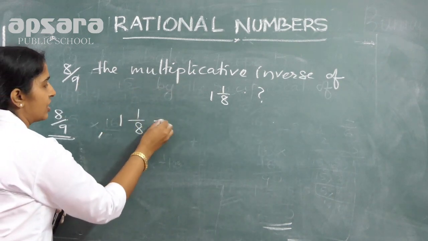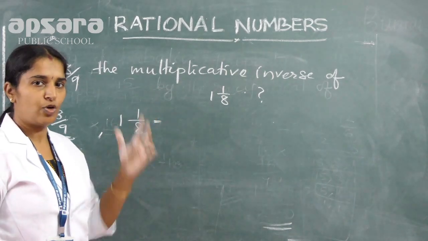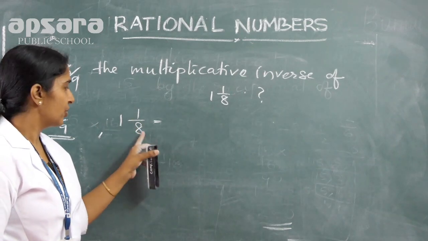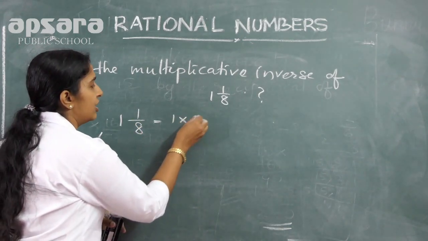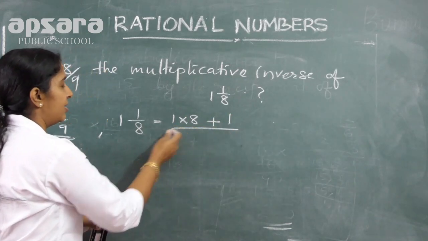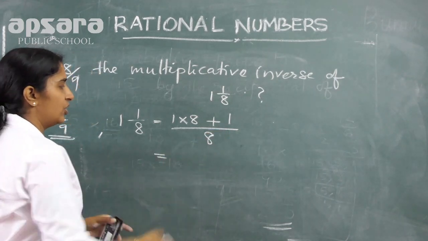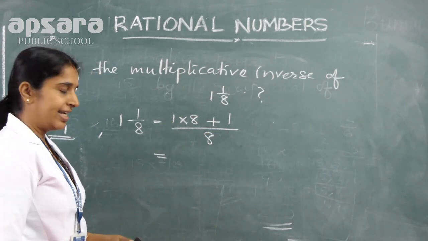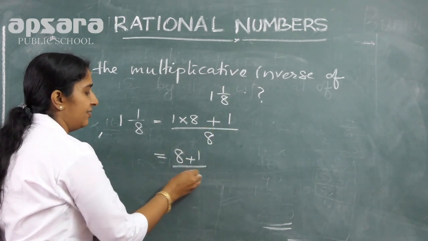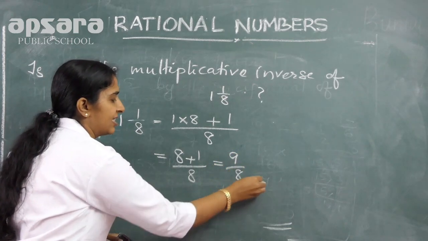1 by 8. How will you convert this mixed fraction to improper fraction? You have to multiply these two. 1 into 8. What is that? 1 into 8 plus 1 divided by the same 8, which is equal to, what is 1 into 8? 8 itself, plus 1 divided by 8, which is equal to 9 by 8.